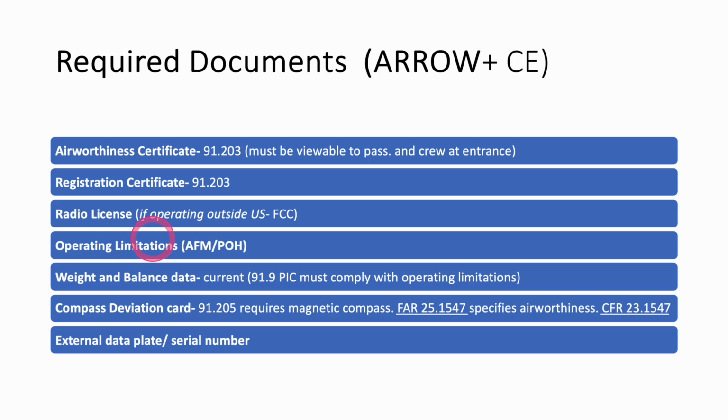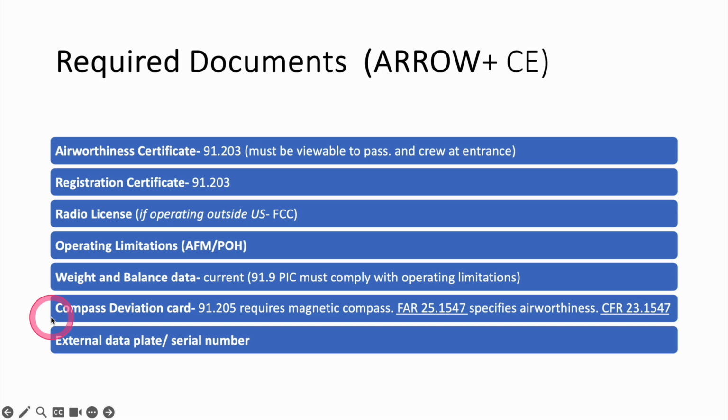Specifically, it's operating limitations, which can be found in the AFM or POH. So as long as your POH is in the back seat or on board the aircraft, you're okay. As long as section 2 of that POH has not been removed, you're okay. So double check. Updated weight and balance data.